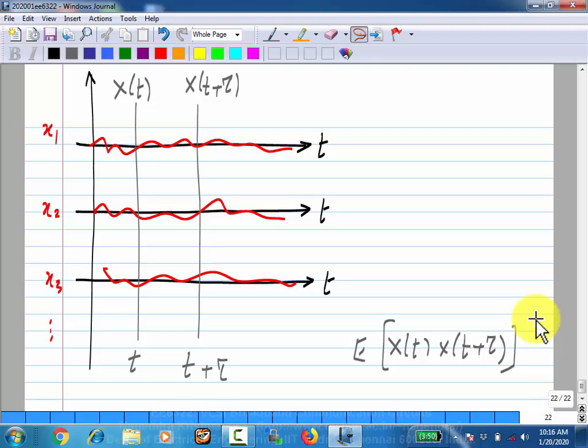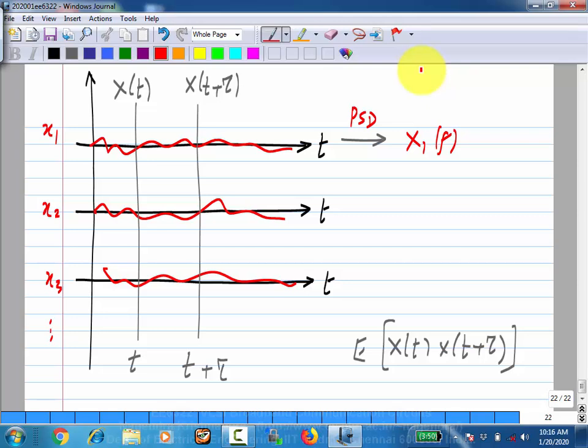So now I also told you that if you take the Fourier transform of each of these things, you have to be a little careful. Maybe I shouldn't say Fourier transform. I'll say the power spectral density.